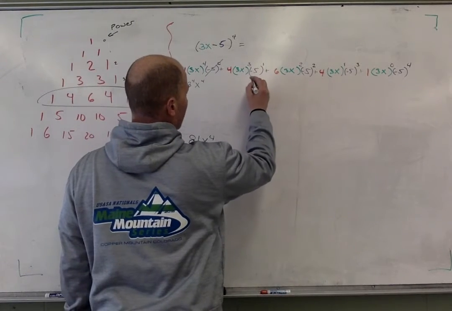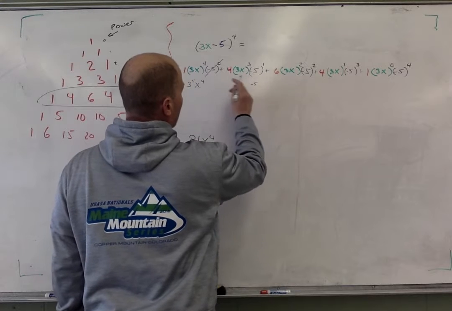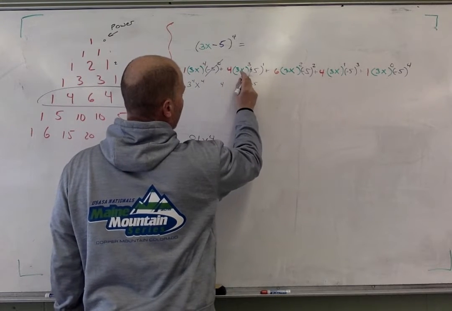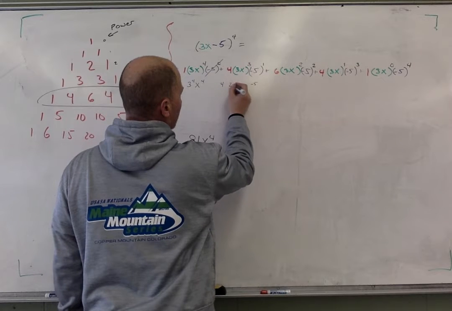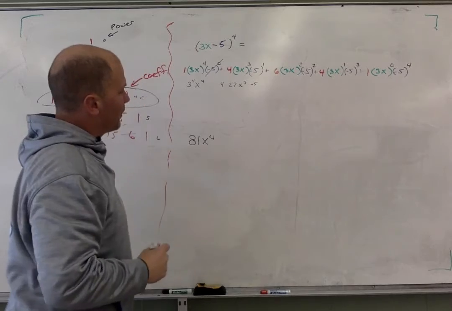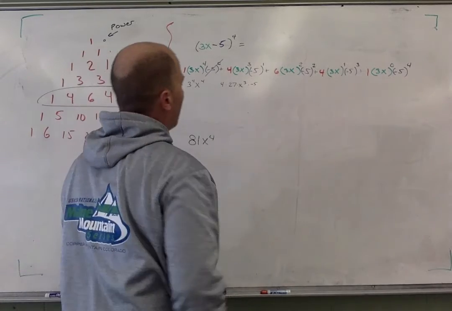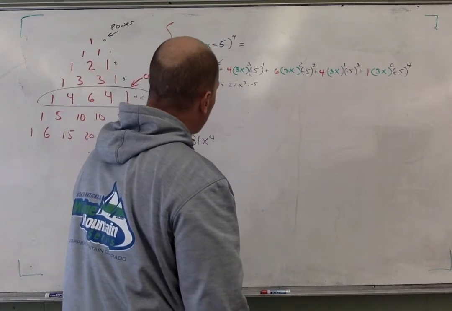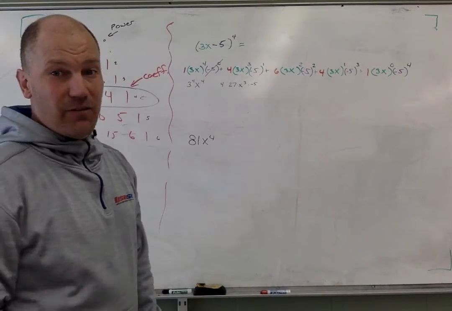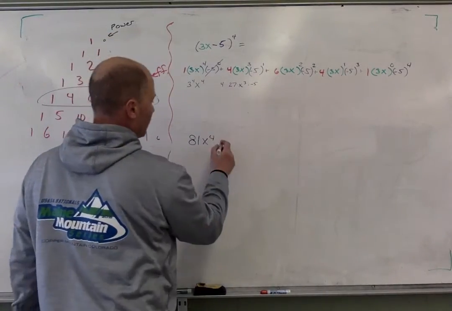Negative 5 to the 1 is just negative 5. 4 is just 4. 3x cubed is going to be 27x cubed. All these things are multiplies. 4 times negative 5 is negative 20. Negative 20 times 27 is negative 540x cubed.